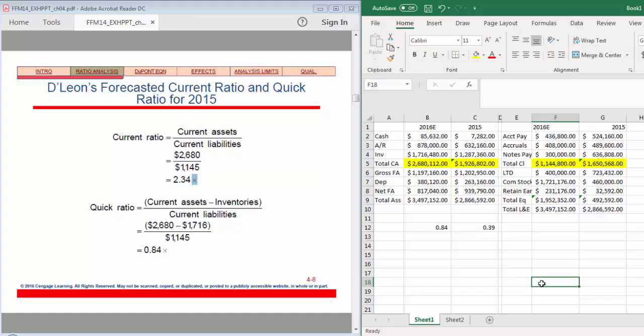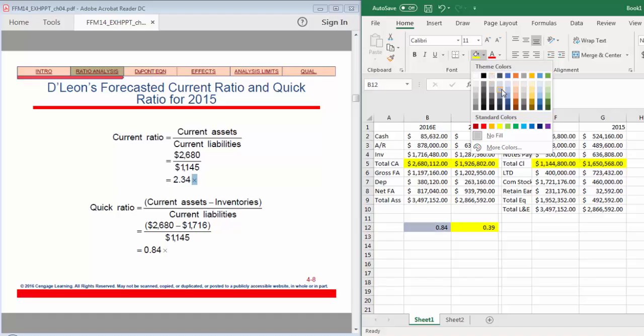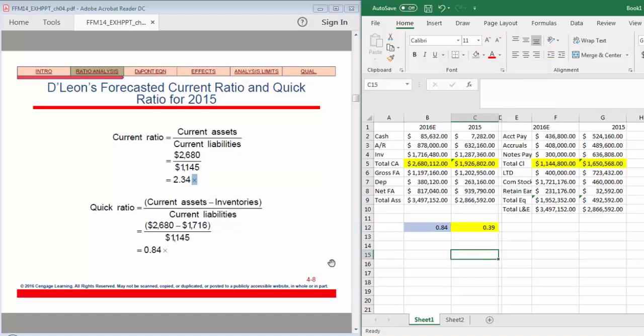So we have improved quite a bit, but there's a long way to go, because we'd like to have this ratio at least at 1 to be able to cover all of the current liabilities that we have. But we are expected to do a whole lot better in 2016 than where we were in 2015. So this number is 2015, and this is the estimate for 2016.